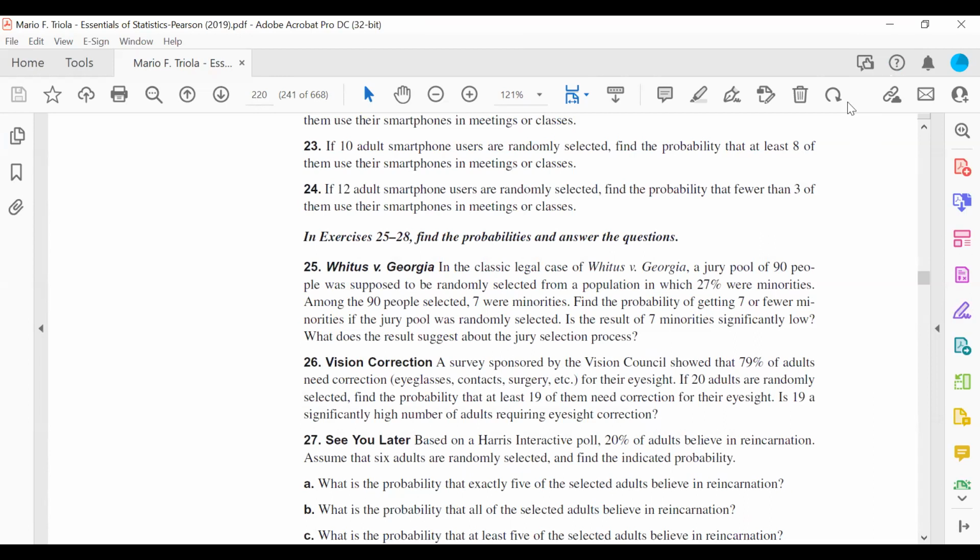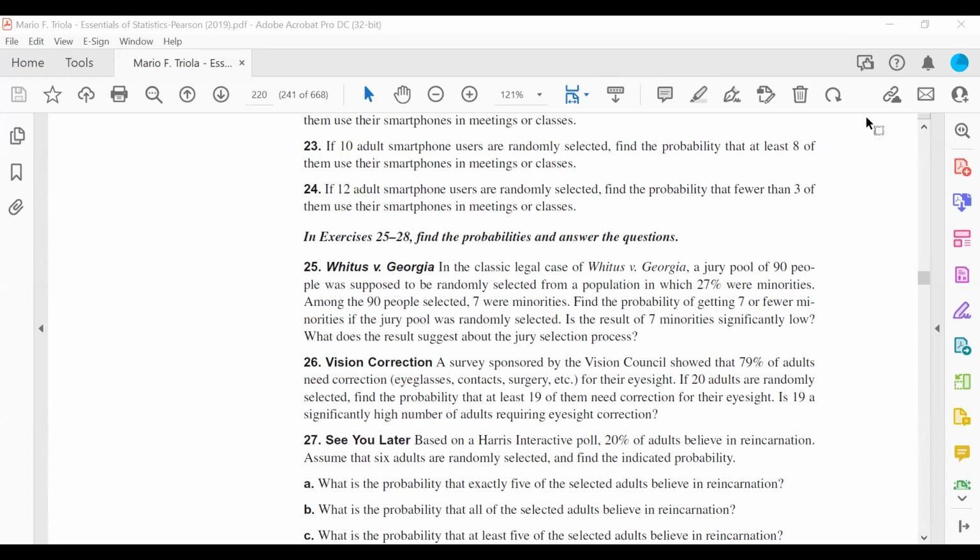Okay, so let's write down what they provided us in this problem. For number 25, my N is 90. My P, it says 27%.